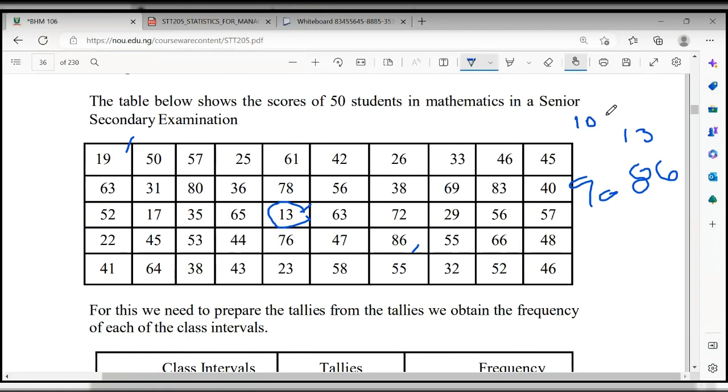So we can say 10 to 19, 20 to 29, we can do it like that. You can use any means to spread. You can make it an interval of 5, an interval of 10, or an interval of 20. Do we understand? Yes, sir.